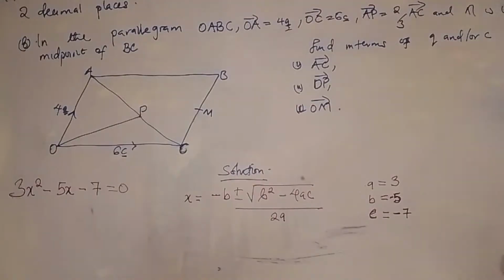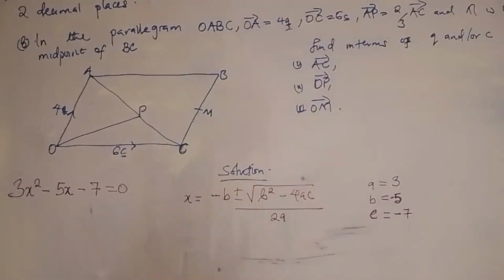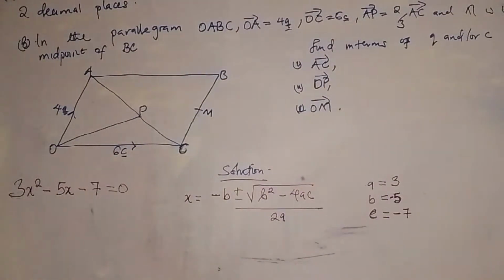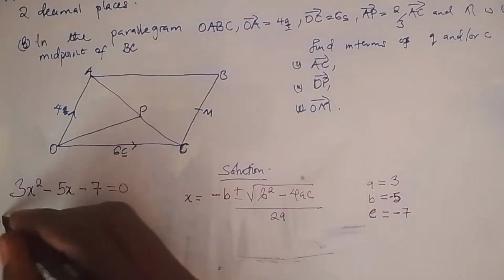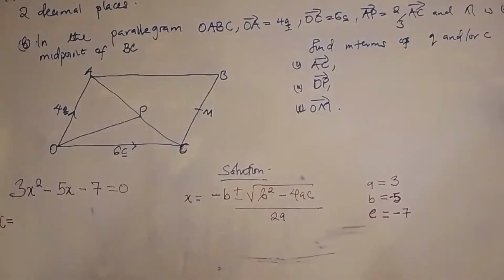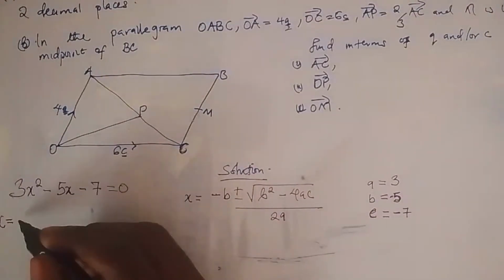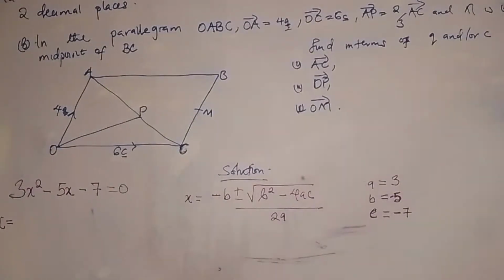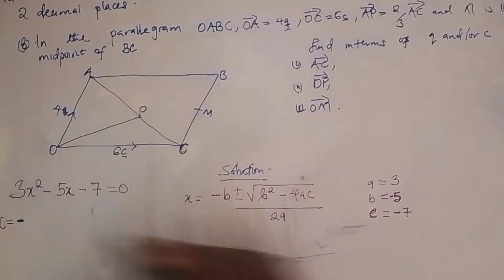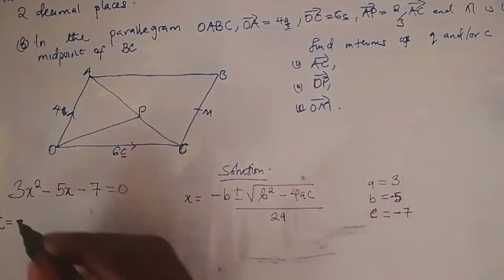We have identified the values. Now it's just a matter of replacing them in the formula. So now you say our x is equal to negative, what is our b? Our b is negative 5.